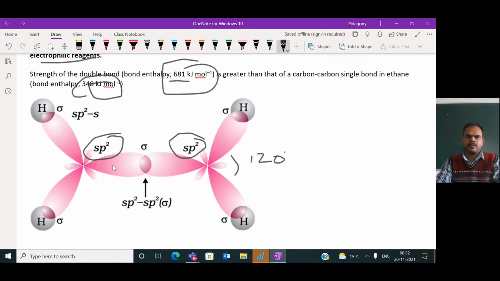The sp2 hybrid orbital of one carbon combined with the sp2 hybrid lobe of the other carbon forms a sigma bond.